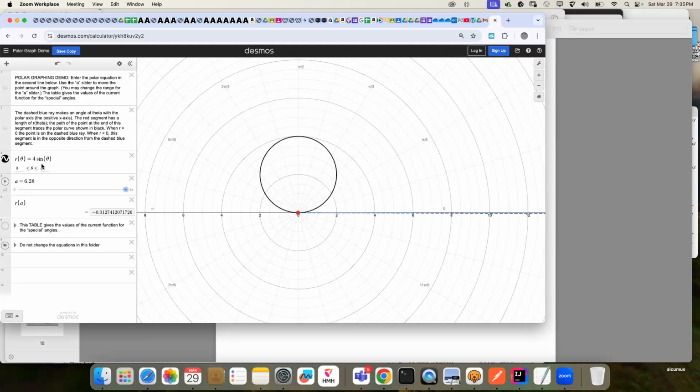Play with this, then only you'll clearly understand what happens between 0 to 2 pi. The yellow dotted line shows you the theta values for pi by 6, pi by 4, and then pi by 3, pi by 2. At pi by 2, it becomes its maximum, so that is the maximum 4. And then it reduces.